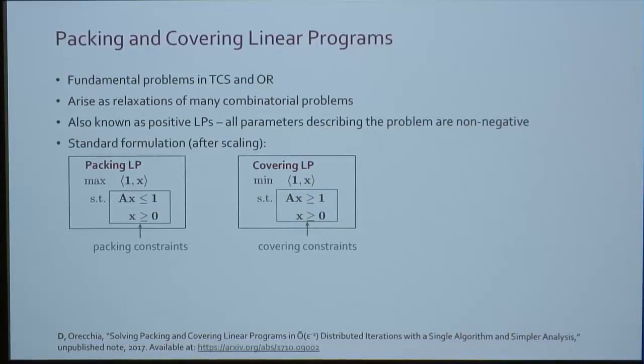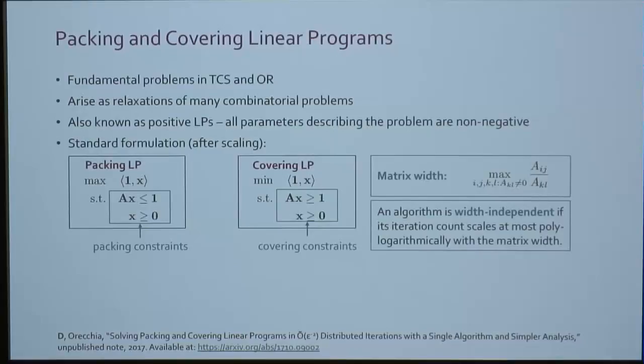The width that I'm mentioning is defined as the maximum ratio of the matrix non-zero elements. So it's not something that we can treat as being polynomially large or small. And we say that an algorithm is width independent if its iteration count scales at most polylog with the matrix width.